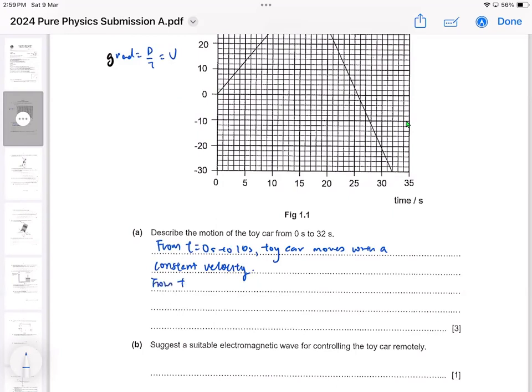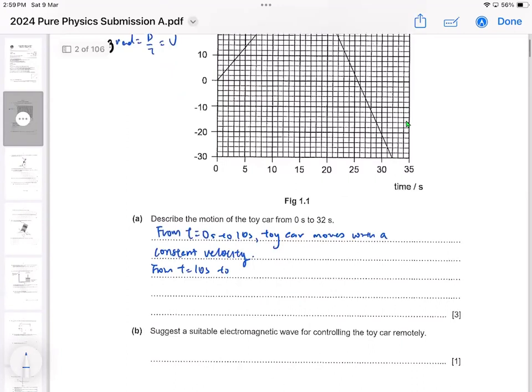And from time equals 10 seconds to 20 seconds, there's no gradient, so we'll say that the toy car is at rest, or we can say that there's no velocity.